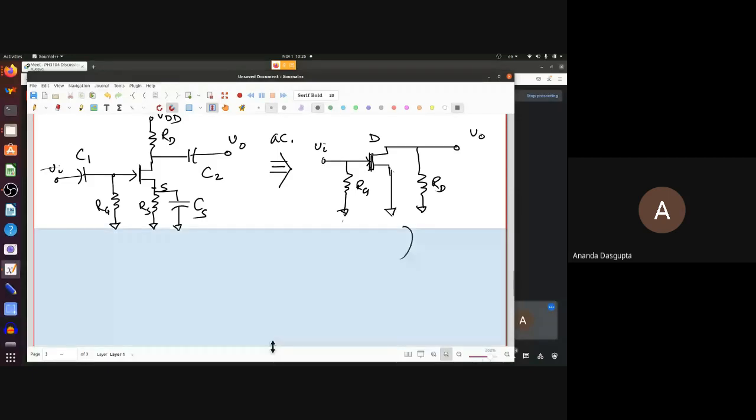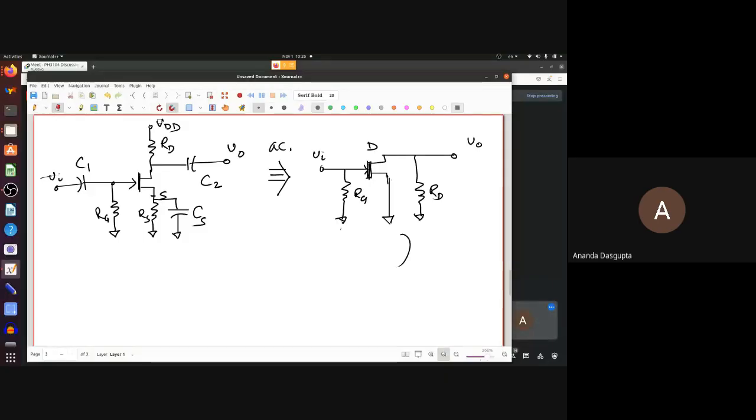And of course, if the source resistance had not been bypassed, that is not trivial. And sometimes what we do is we don't bypass the entire RS.